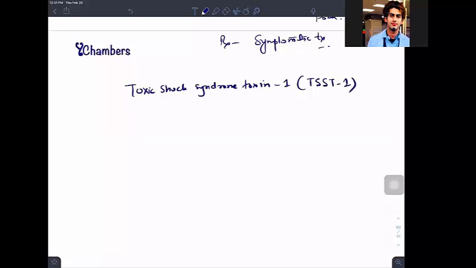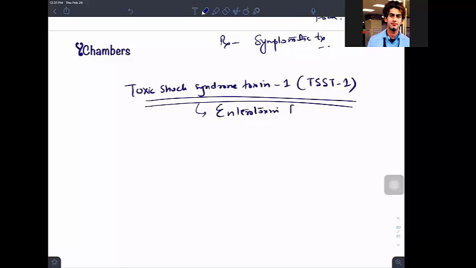Its old name was enterotoxin F. It was formerly called enterotoxin F.